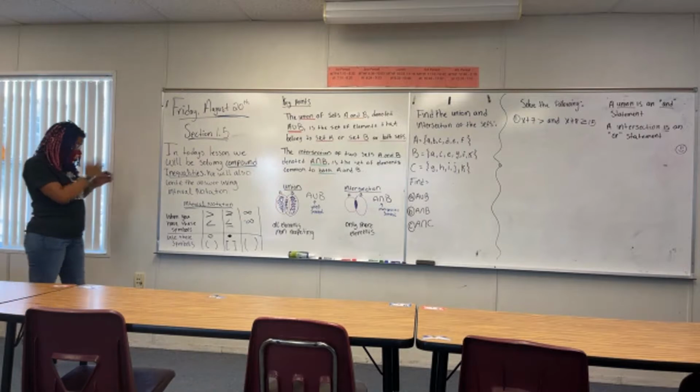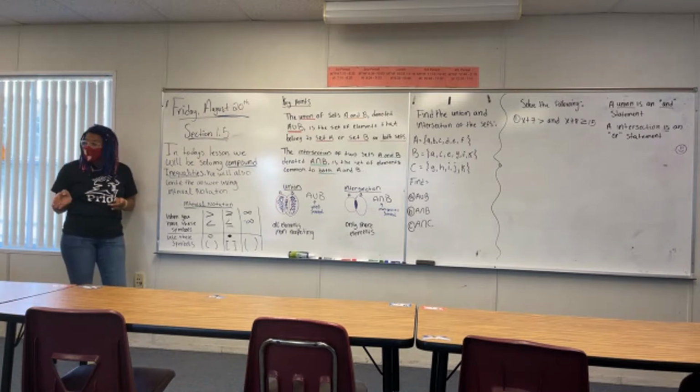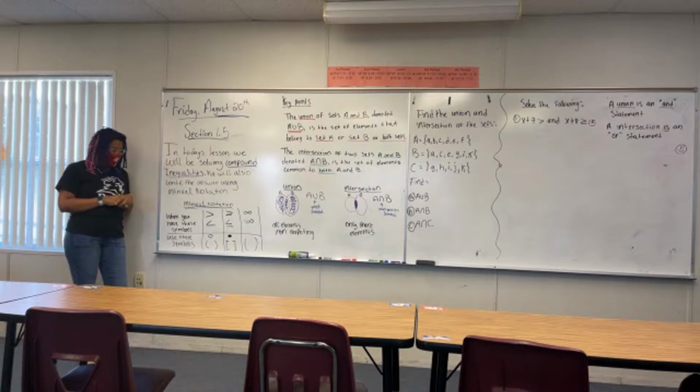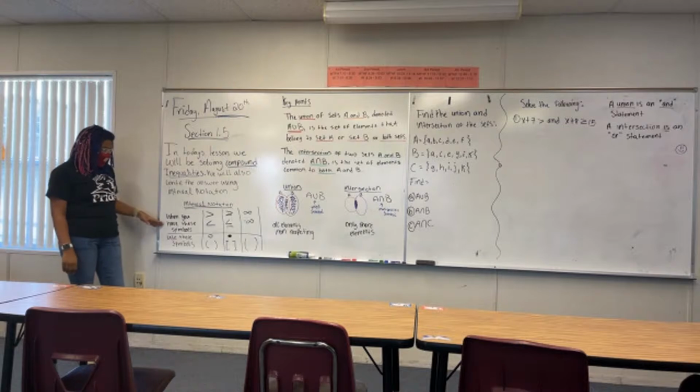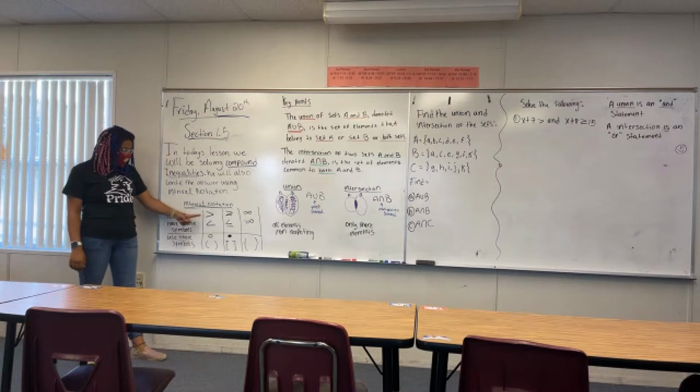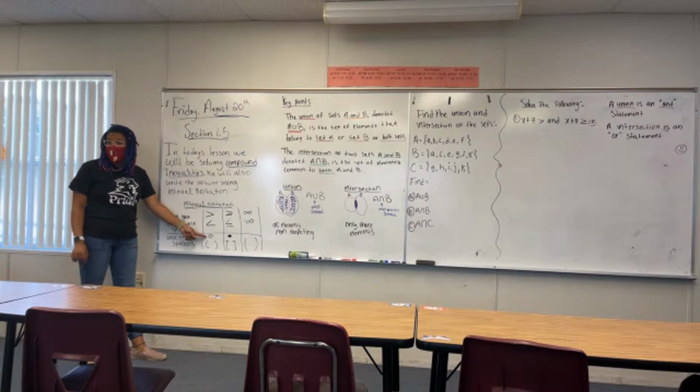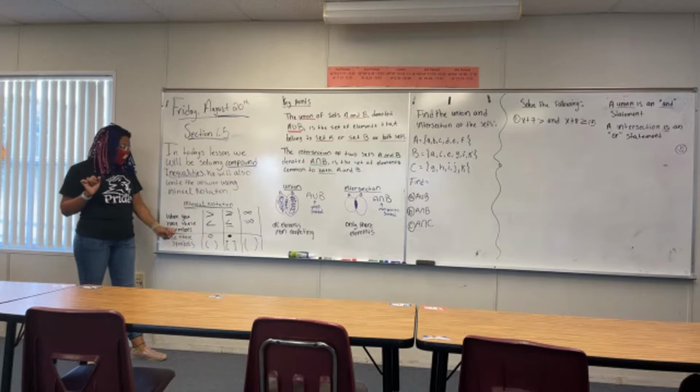Okay, so the table here below, as I mentioned before, tells you the signs that you're going to be using when writing your answer in interval notation. So when you have a symbol such as greater than or less than, you will represent that with an open dot on the number line, and you will use parentheses in the interval.